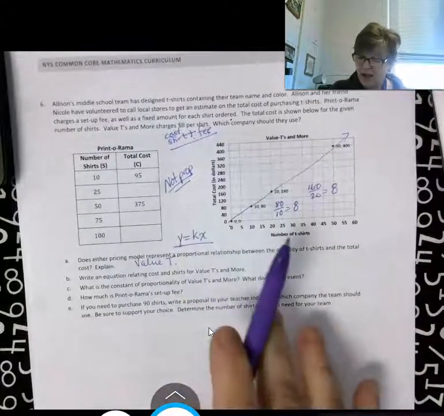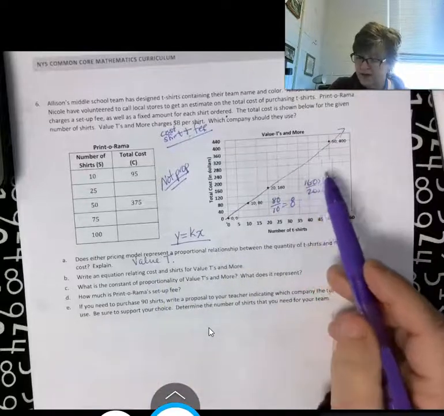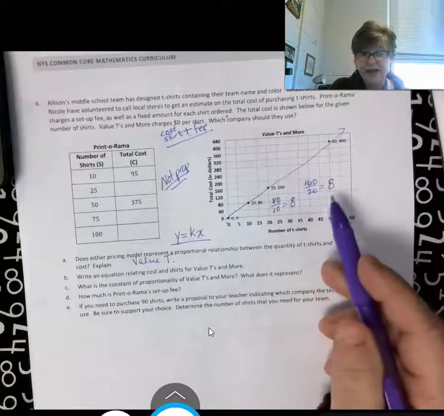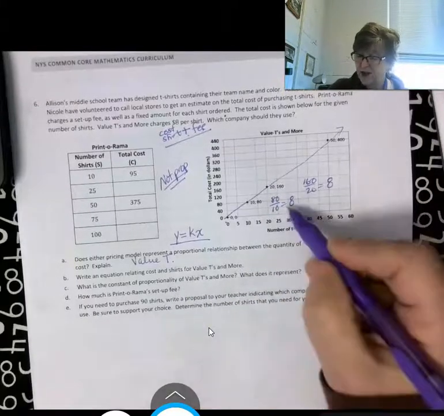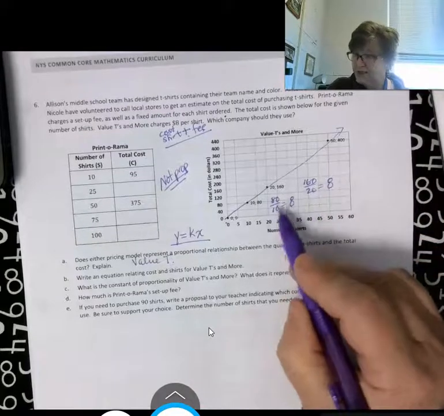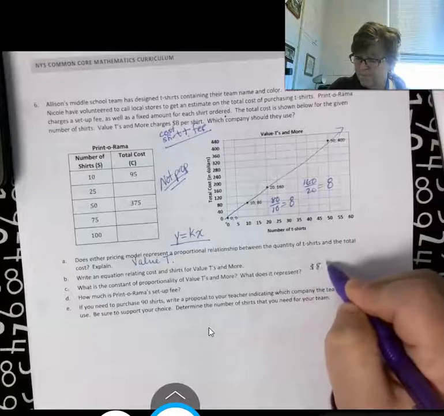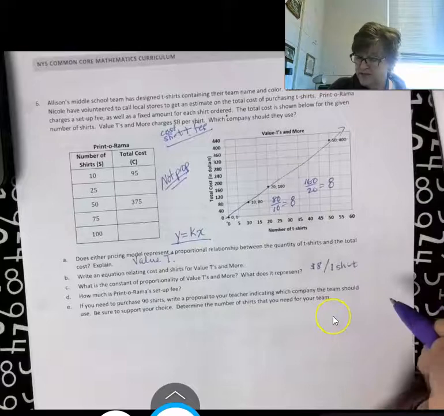Okay? Now, as we look down, write an equation relating to the cost for the value t's. So in order for us to do that, we obviously have to come up with the constant. And the constant would be, as I showed here, $8 per one shirt. That's what it represents.